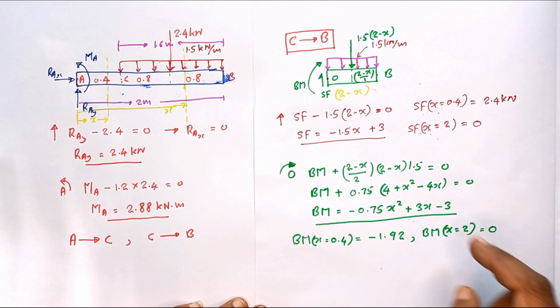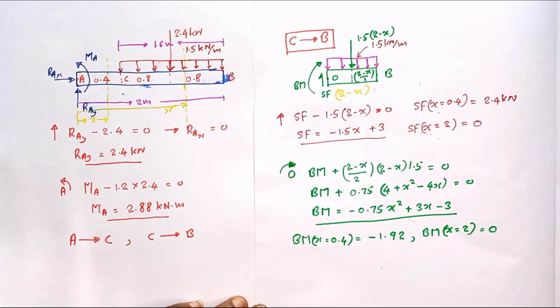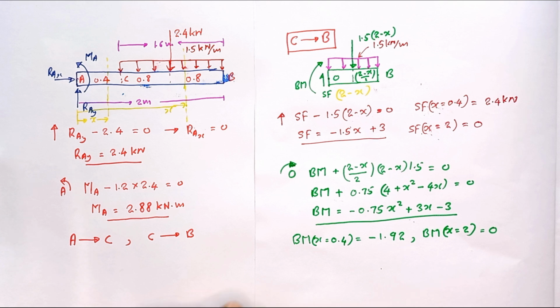Here you can see this is a parabola having a maximum. It has a negative coefficient for the x², so the parabola has a maximum. When you draw the shear and bending moment diagram, you should know the symmetric axis and the maximum value.